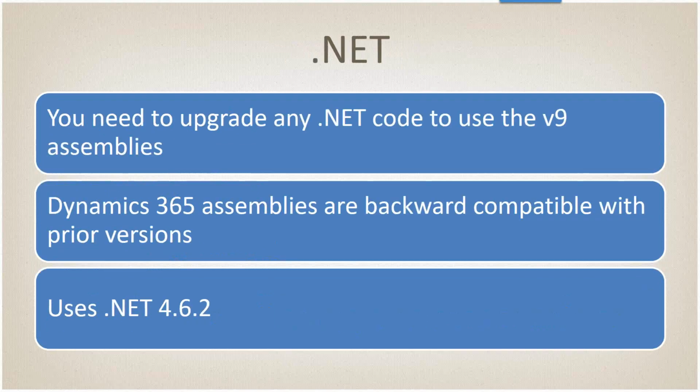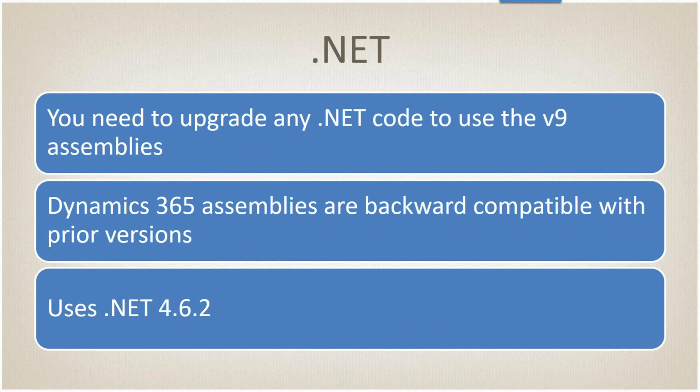So .NET, when working with the SDK assemblies, those are the DLLs if you write .NET, they're pretty hardcore these days. When they come out with a new version, they come out with updated assemblies, and those are the only ones that can access that version.